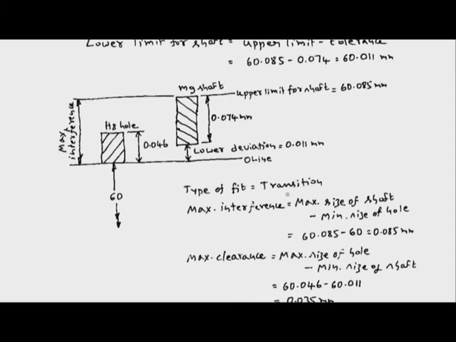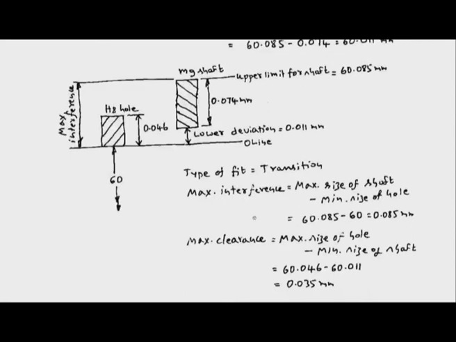So, now we can find what is the maximum interference and what is the maximum clearance. The maximum interference we get by adding the lower deviation and the tolerance for the shaft, that is equal to 0.085 millimeter.